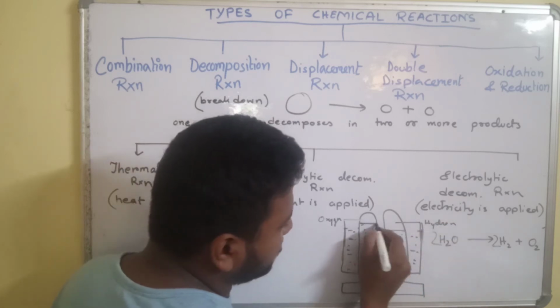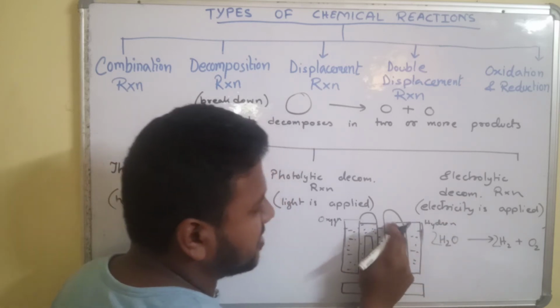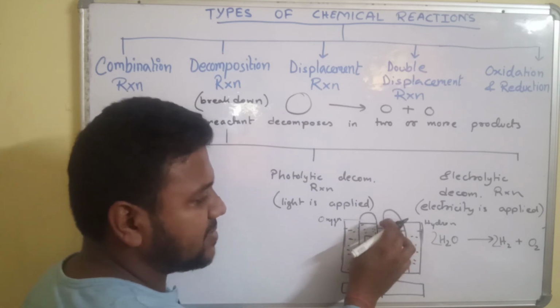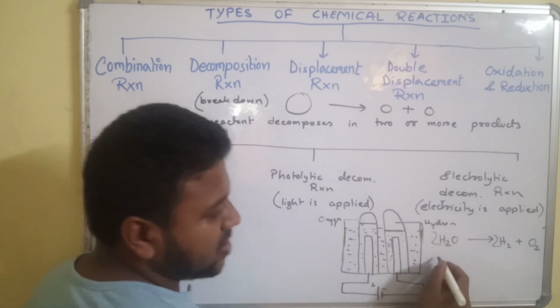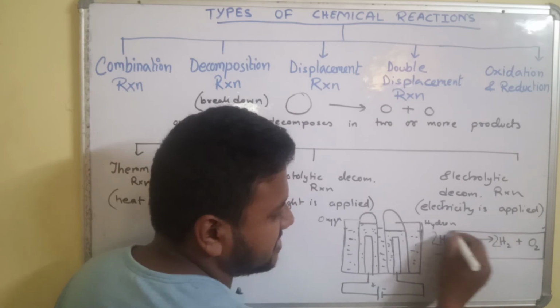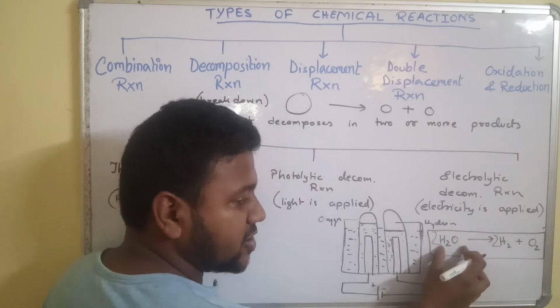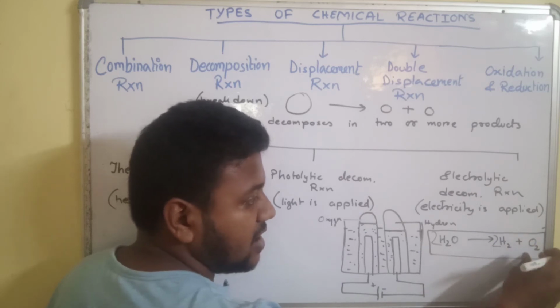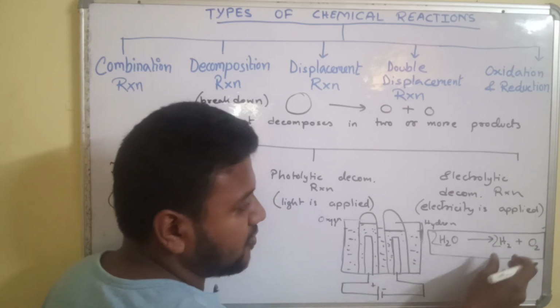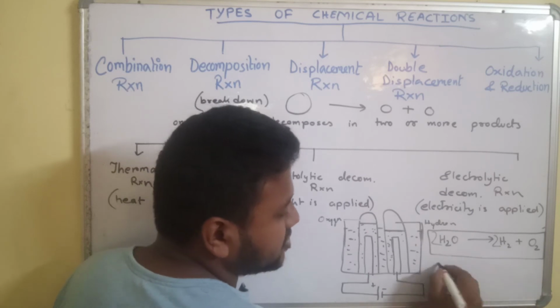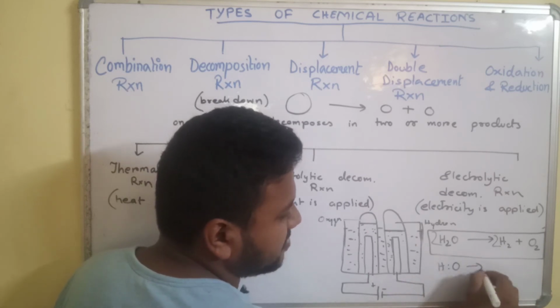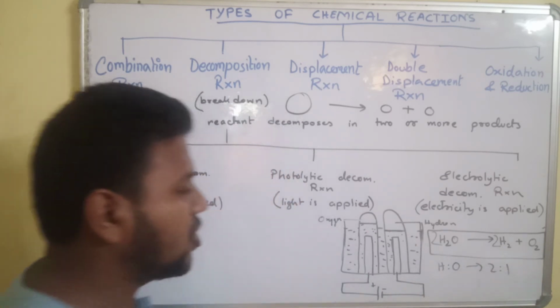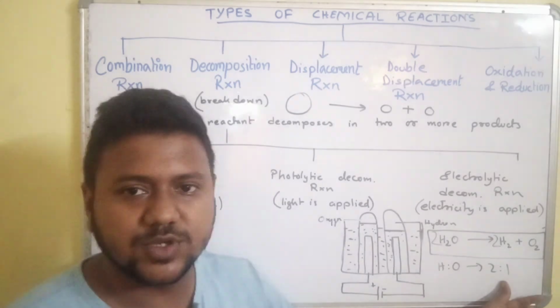The volume of hydrogen gas liberated is double because of this reaction. Two molecules of water dissociate into two molecules of hydrogen and one molecule of oxygen, so the volume of hydrogen to oxygen will be 2:1.